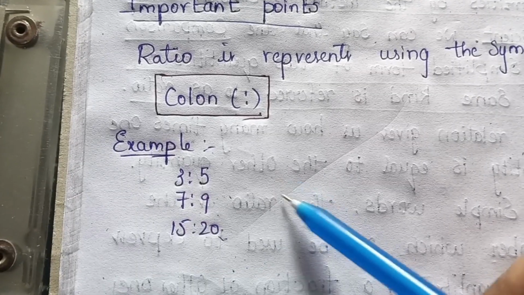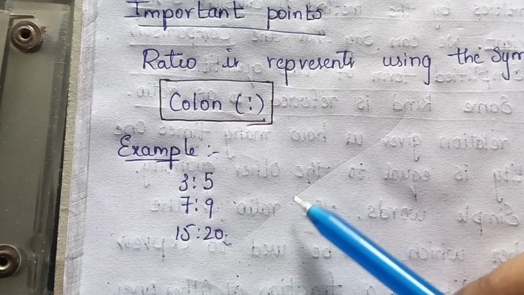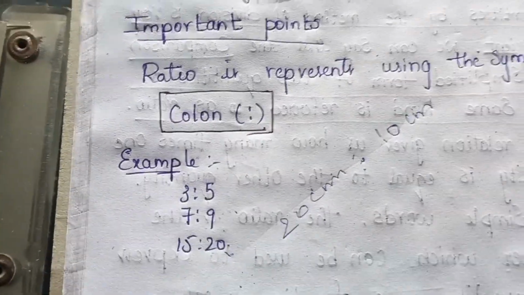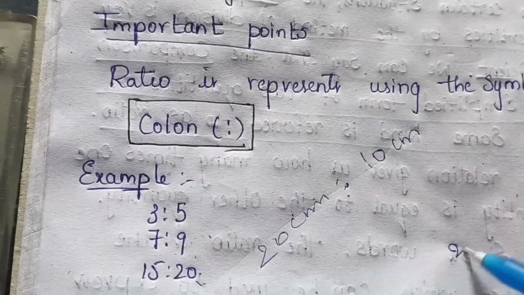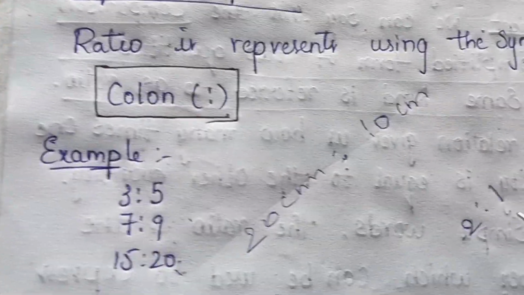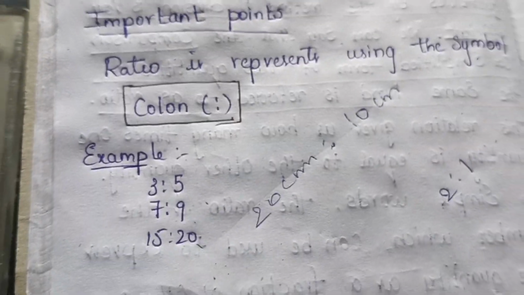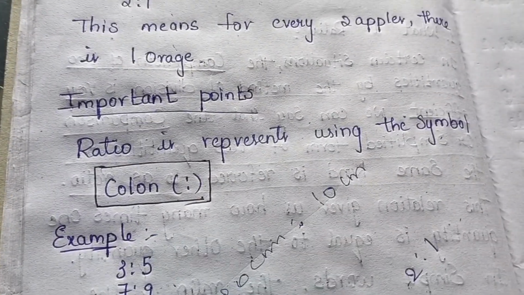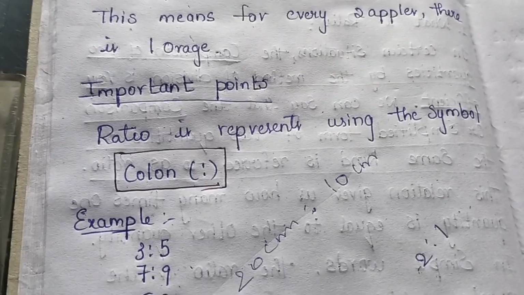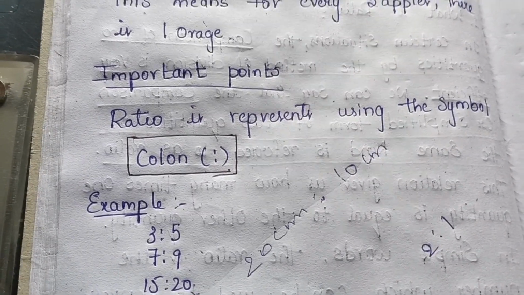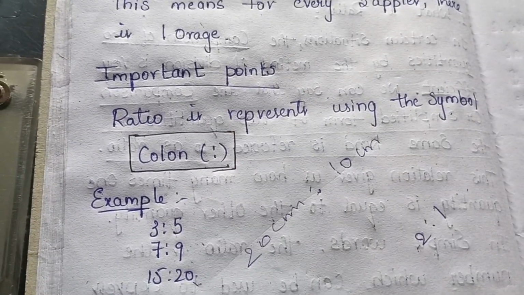For example, 20 centimeters to 10 centimeters becomes 2:1, so the units cancel after division. Always write the ratio in its simplest form. For example, 18:24. Divide both numbers by 6. You get 3:4. That is the simplest ratio.